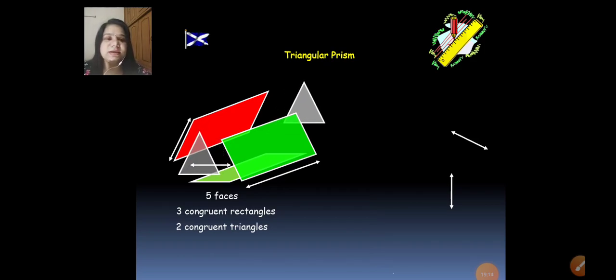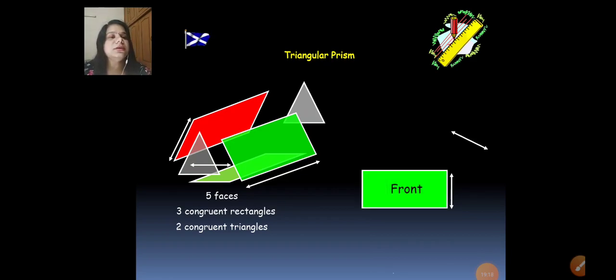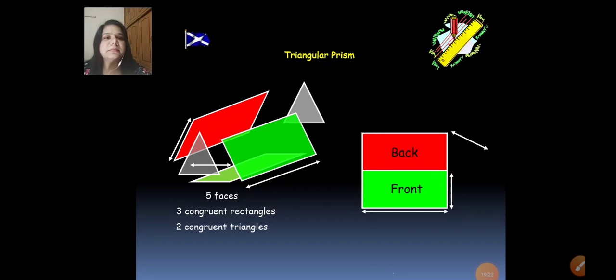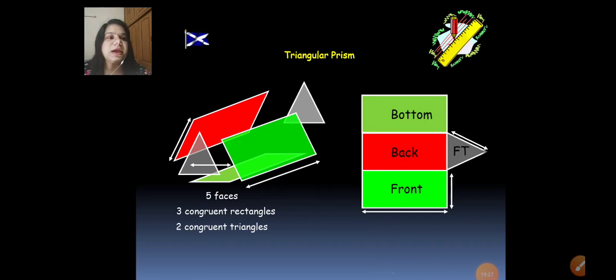So 3 rectangles and 2 triangles. Let's draw its net also. Here I have drawn the front face, then the back face with the red color, there the bottom, and on the side the front triangle and the back triangle. Okay, so how many faces does the triangular prism have? A triangular prism has 5 faces.